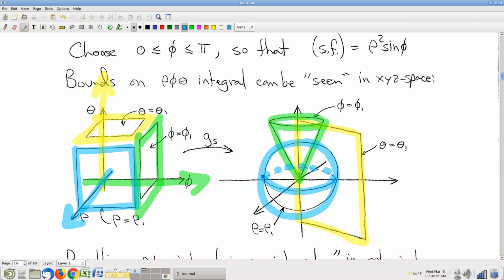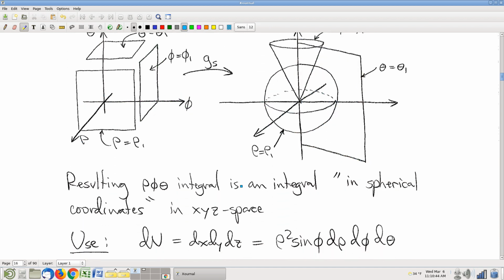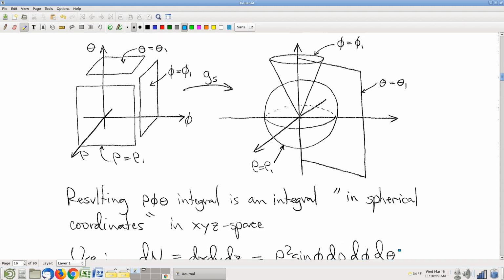Here's the really good news, and that is if you just stick with a particular order, theta slices on the outside, phi slices second, rho slices on the inside, if you always do d rho d phi d theta, look at what happens.